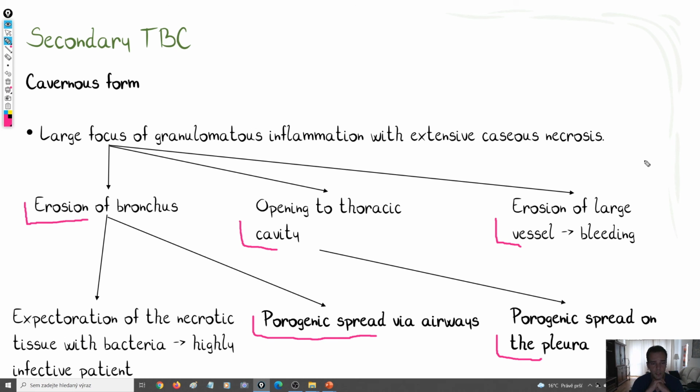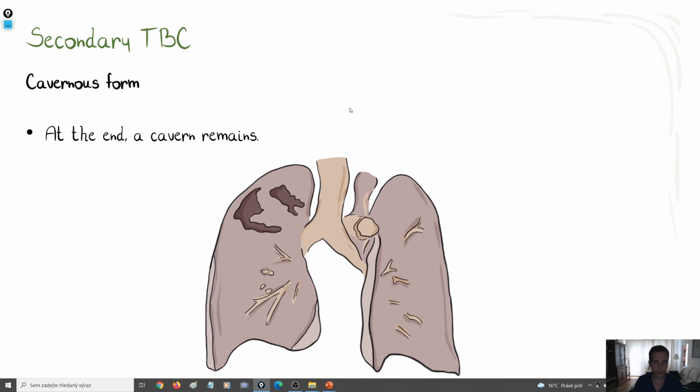A lot of patients with open TBC cough out blood because of that. But one way or another, at the end, a cavern remains, which means that in the lung you've got an empty cavity where the caseous tissue used to be. It's called cavern.